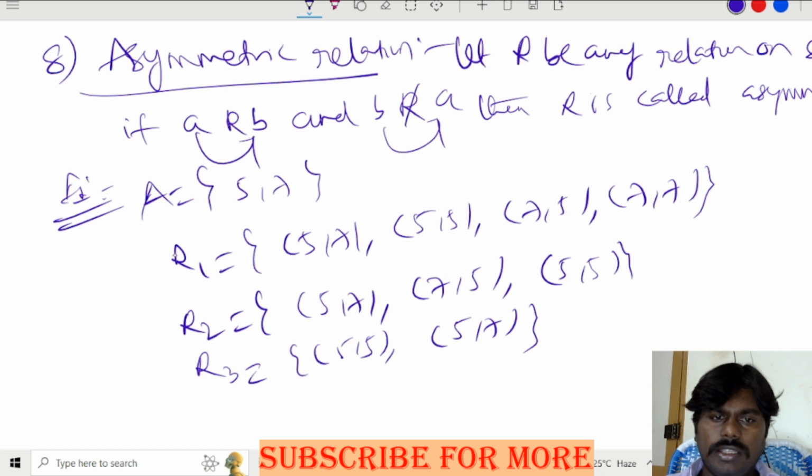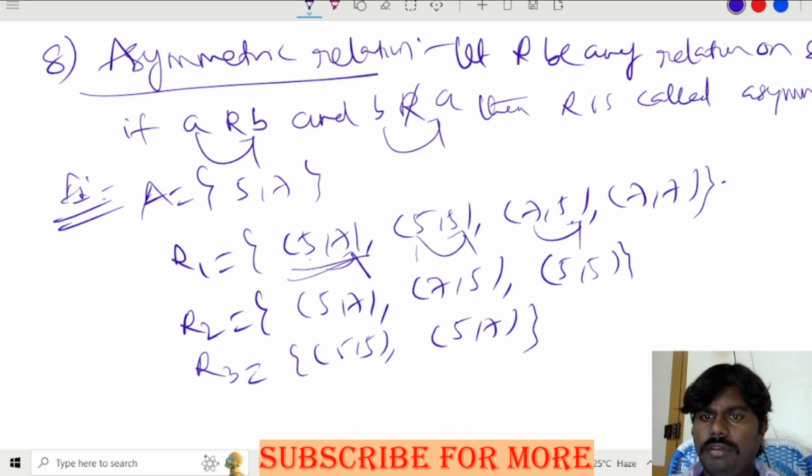Okay, so in these three relations, we can say R1 is not an asymmetric relation because 5 is related to 7, and 7 is also related to 5, and 5 is related to 5, and 7 is related to 7. So this is not an asymmetric relation.